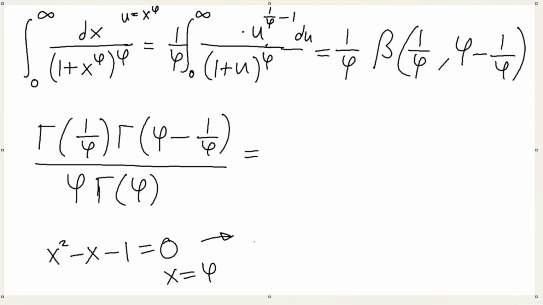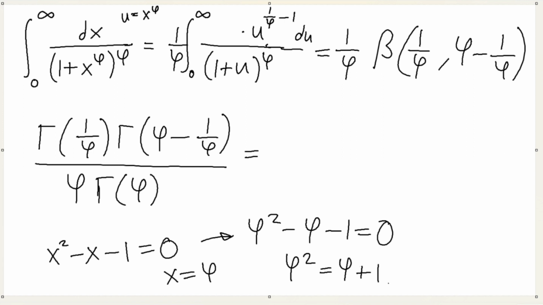And because of that, this is equal to 0, and if this is equal to 0, then this is also true: the square of the golden ratio is equal to the golden ratio plus 1. Then we can divide both sides by the golden ratio, and this is equal to 1.